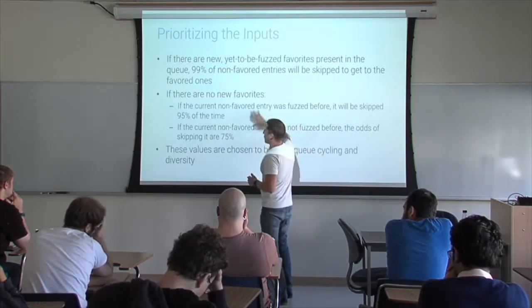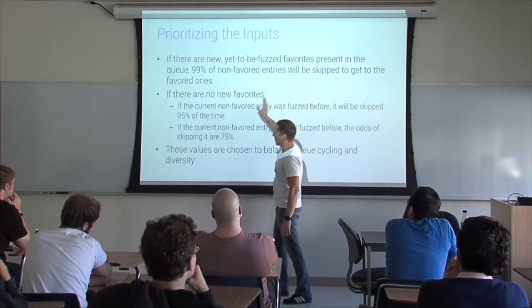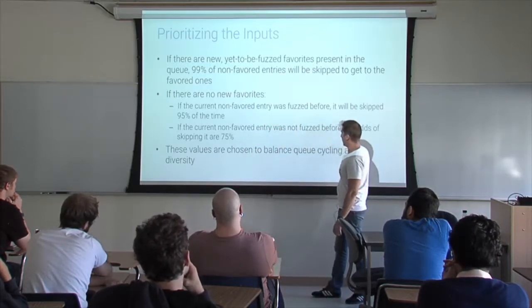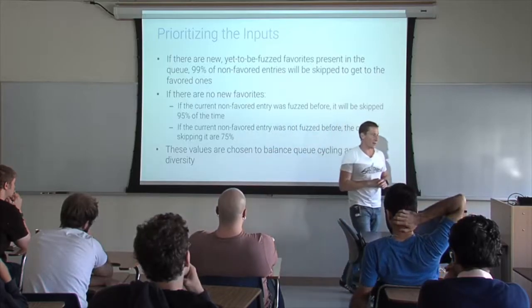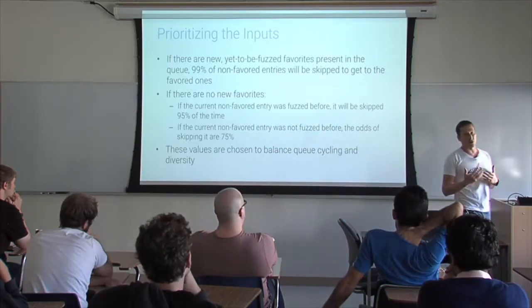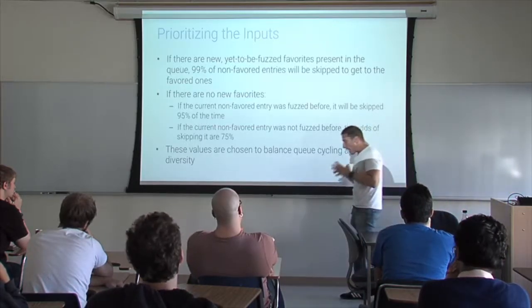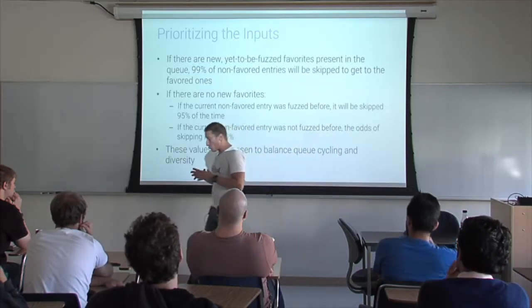And then there are other rules. If the current non-favorite entry was 5, you drop 95% of the time. Or if the current non-favorite entry was not fuzzed, then it's skipped 75% of the time. These are just optimizations that you use to create something that tries as much as possible to explore the right amount of things.